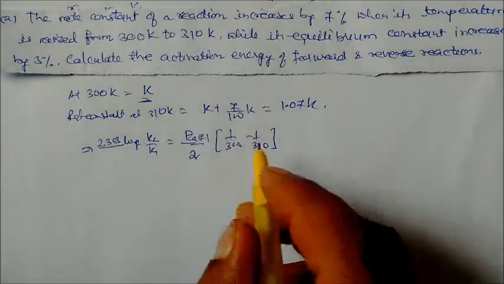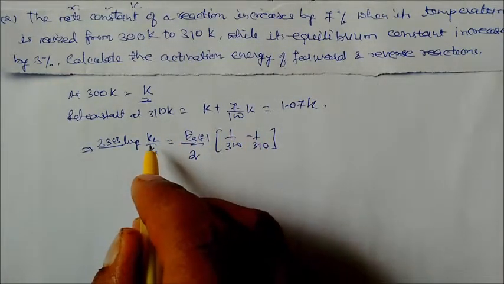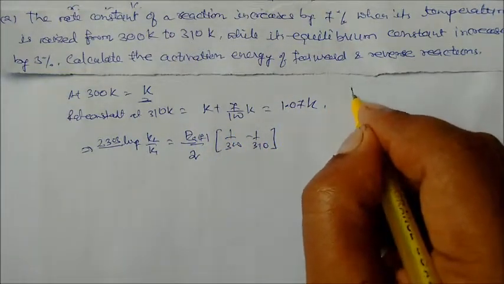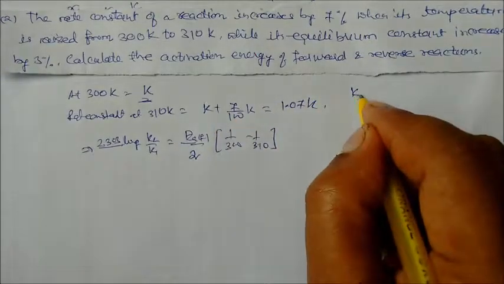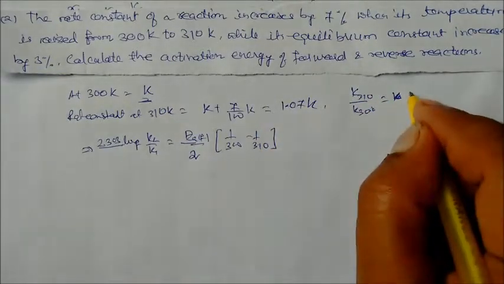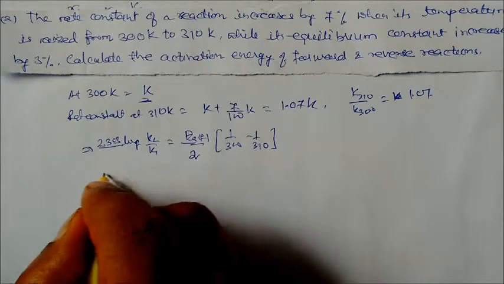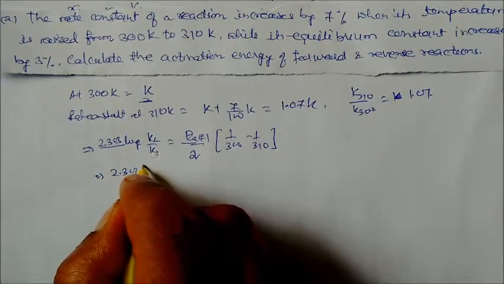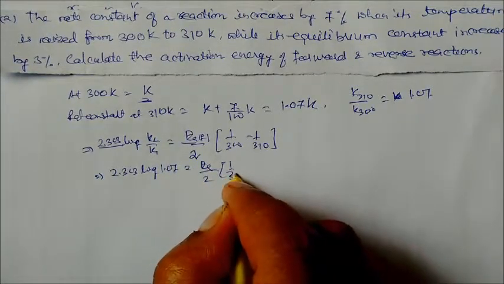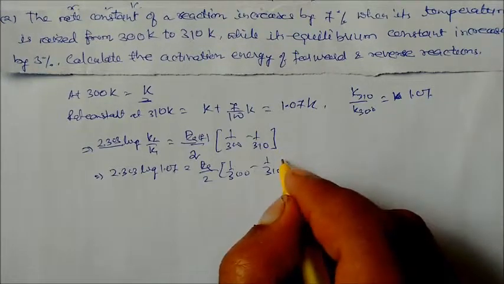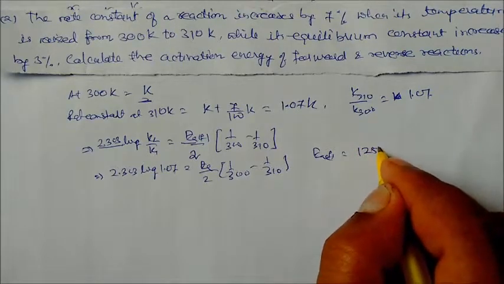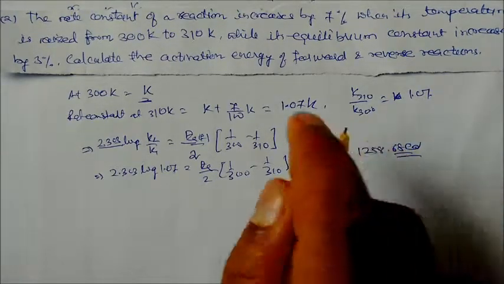So K2 by K1 is nothing but 1.07K by K, that is, K at 310 by K at 300 is equal to 1.07. So putting the value, 2.303 log of 1.07, EA by 2, 1 by 300 minus 1 by 310. On solving we get EA of this forward reaction as 1258.68 calories.